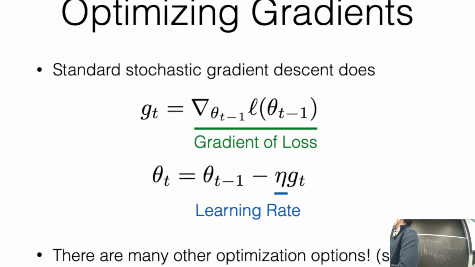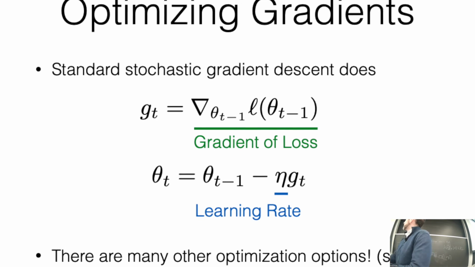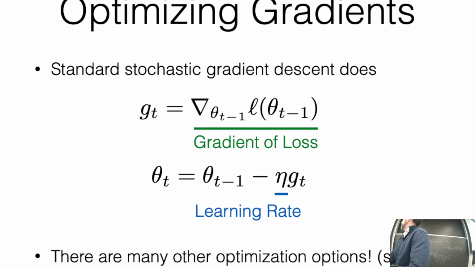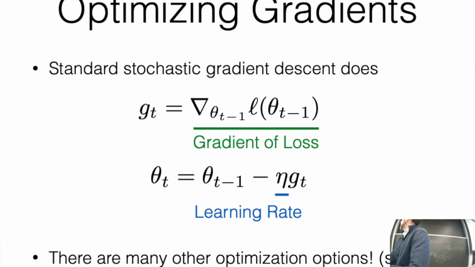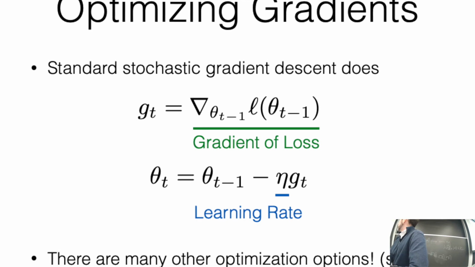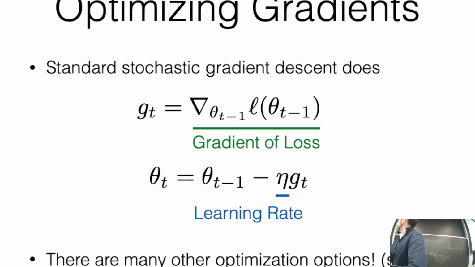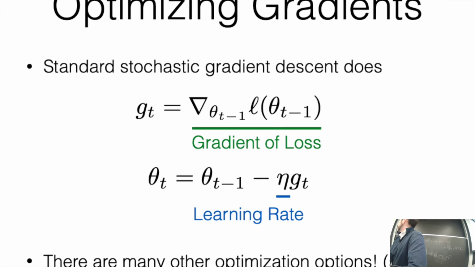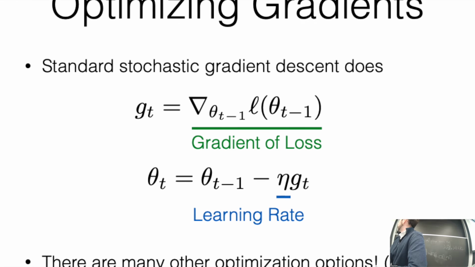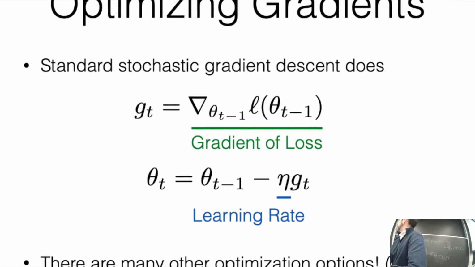Then, optimizing gradients, we do standard stochastic gradient descent, which is the most standard optimization algorithm for these models. We take the gradient over the parameter of the loss function, and we call it g_t. Sorry, I switched my terminology between W and theta.